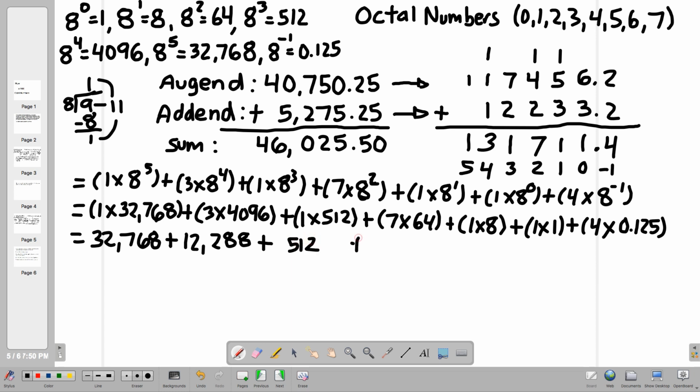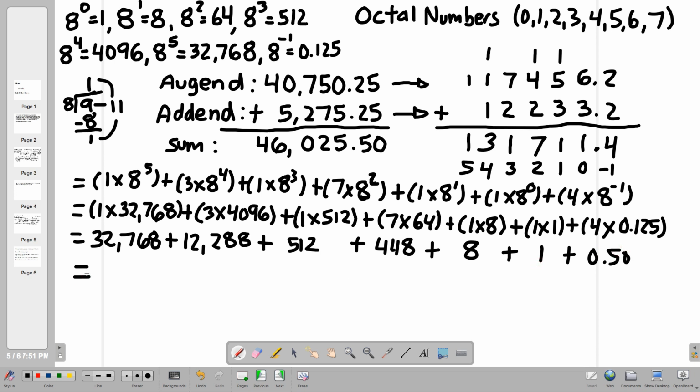And then 64 times 7 is 448. And then 1 times 8 is the value 8. And then 1 times 1 is 1. And then when we have the value 0.125 times 4, it comes out to be 0.50.